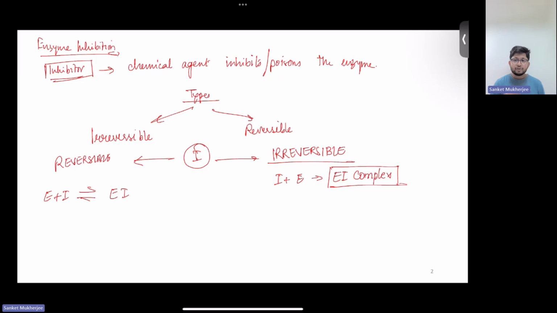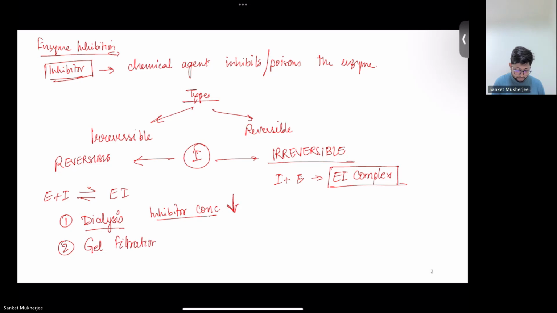Now, how to understand whether the inhibitor is a reversible inhibitor or an irreversible inhibitor? One of the ways is dialysis, where the inhibitor concentration is brought down and you see if the effect is reversed or not. Another one is gel filtration chromatography.